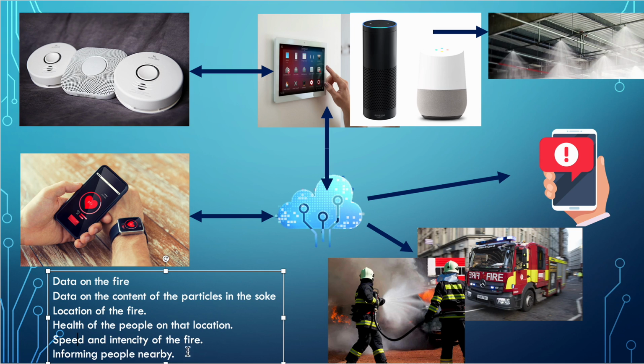Yes, in these notes we covered everything, including information for the people nearby. Even the people who are nearby that particular building could be informed as well through IoT. That whole system could be automated, right? We can check the health of the people in the building and inform other people as well.